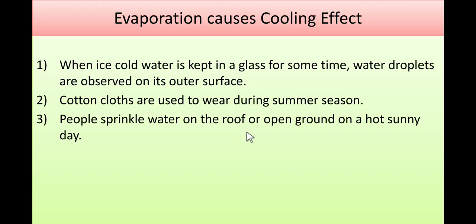As the water evaporates, it leaves the surface cool due to the large latent heat of vaporization of water. This technique is quite effective in summer for cooling the surface. The water takes away the latent heat from the floor or roof, so it cools down the temperature of the room.